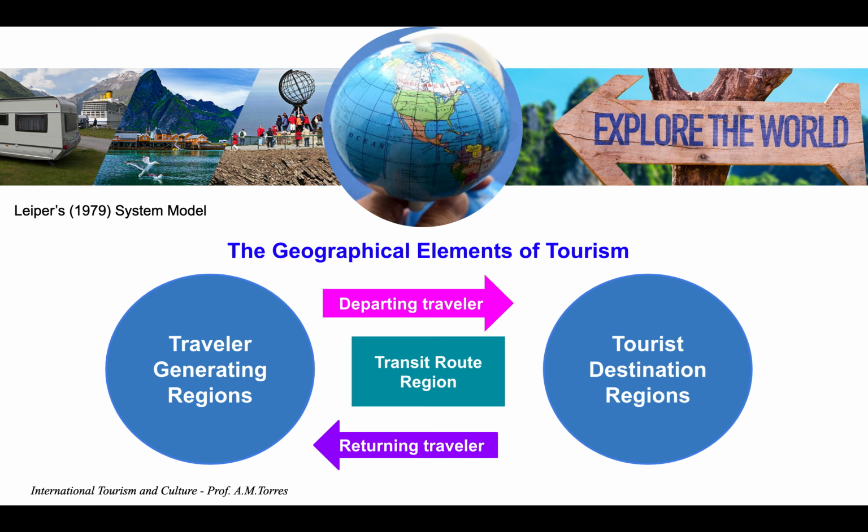Now, when that aircraft would make a stopover, we call that a transit route region, meaning to say, this transit route region or this stopover has also the opportunity to interact with the tourist. In what way? This transit route region can probably offer a short tour or probably offer some food for those tourists who are waiting to continue their flight towards the destination. Okay? So is that clear?